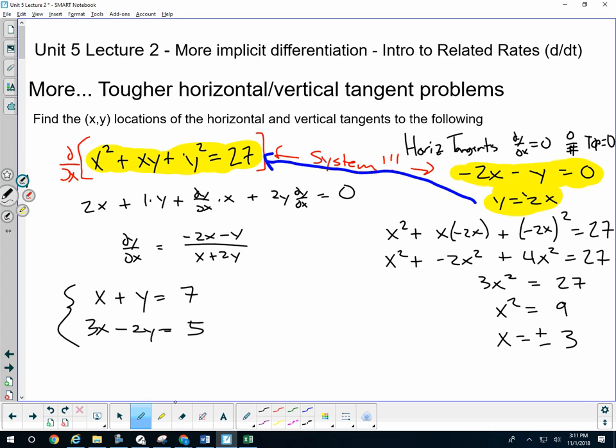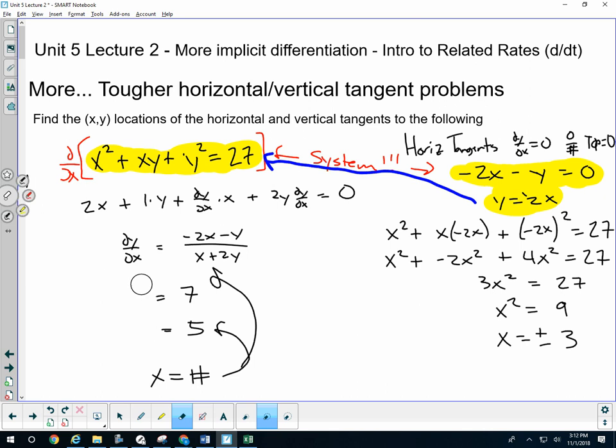Let's say I found a solution for x. Do I have to plug it into this one? No, I could plug it into either, right? Well, here's my system. This equation and this equation. I could plug the 3 and the negative 3 back into either. So let's plug it into the easier one.